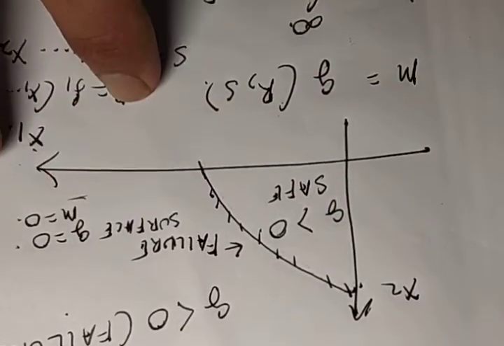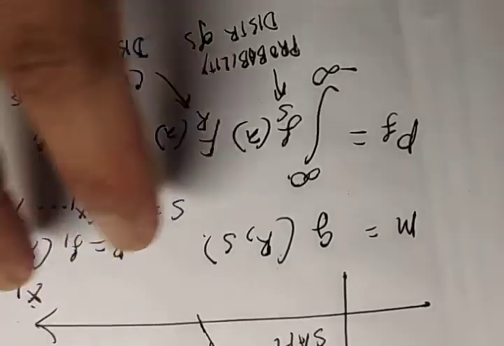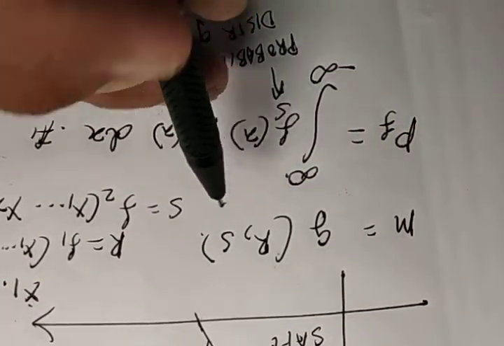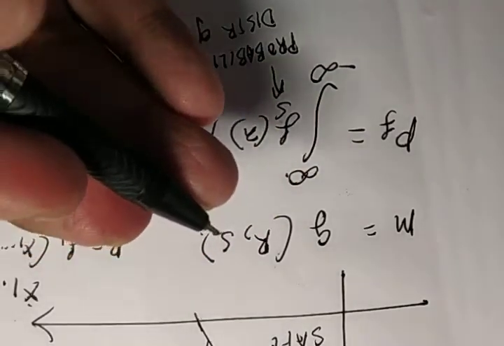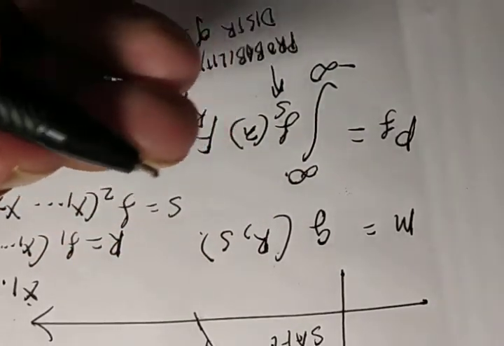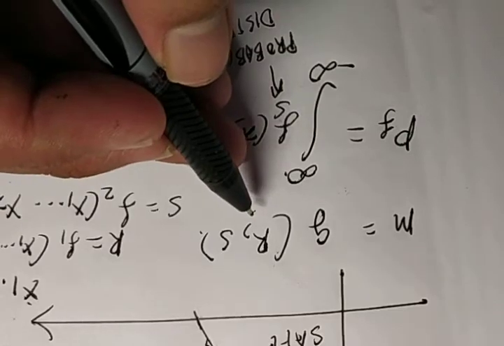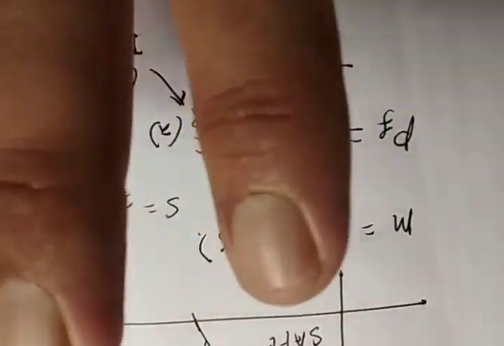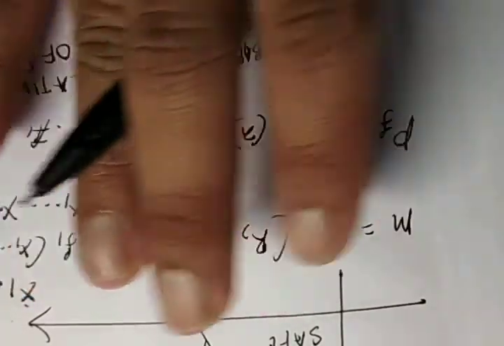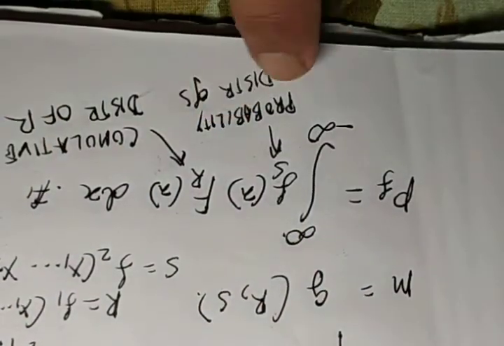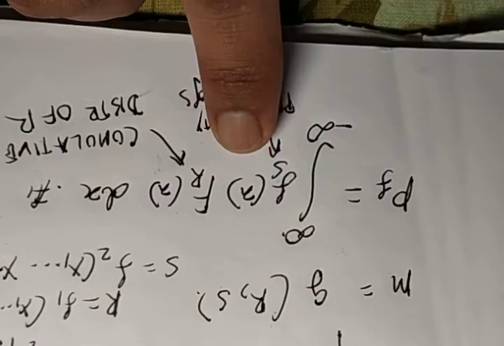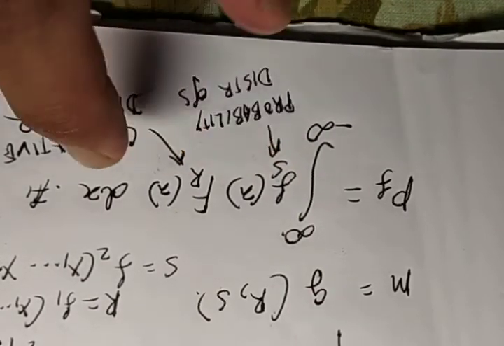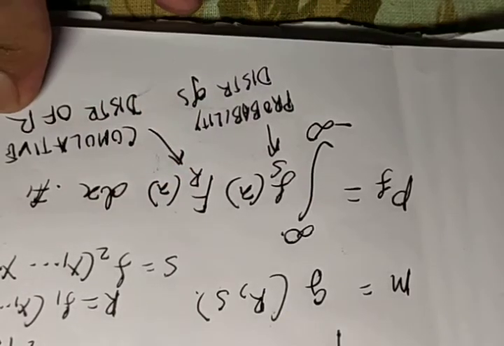If I have all the data of R and S, the resistance and the action, how they are distributed, maybe normally distributed, maybe log normally distributed, I know the mu of R, I know the mu of S, I have all the statistical data. The probability distribution function of R and S is known to me, so the probability of failure is easy for me to find out from minus infinity to plus infinity: the probability distribution of S, the probability distribution of the action, and the cumulative distribution of R.